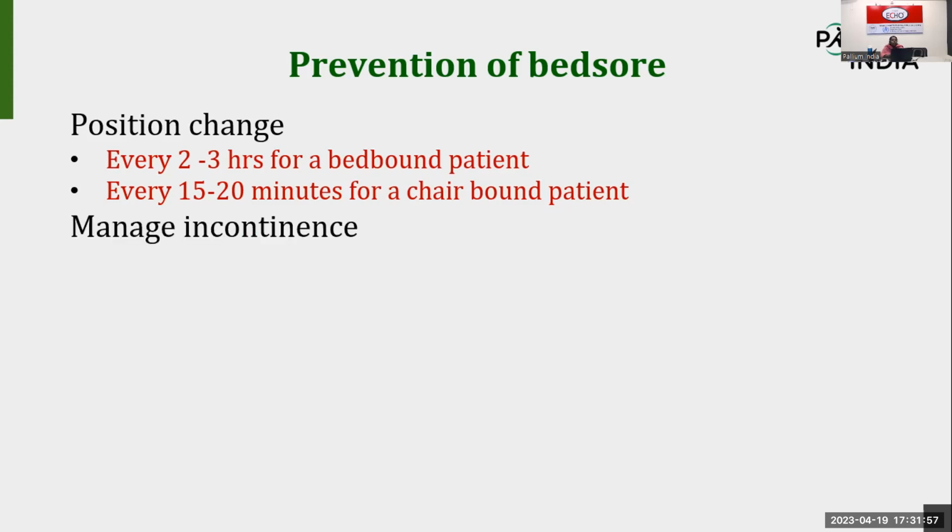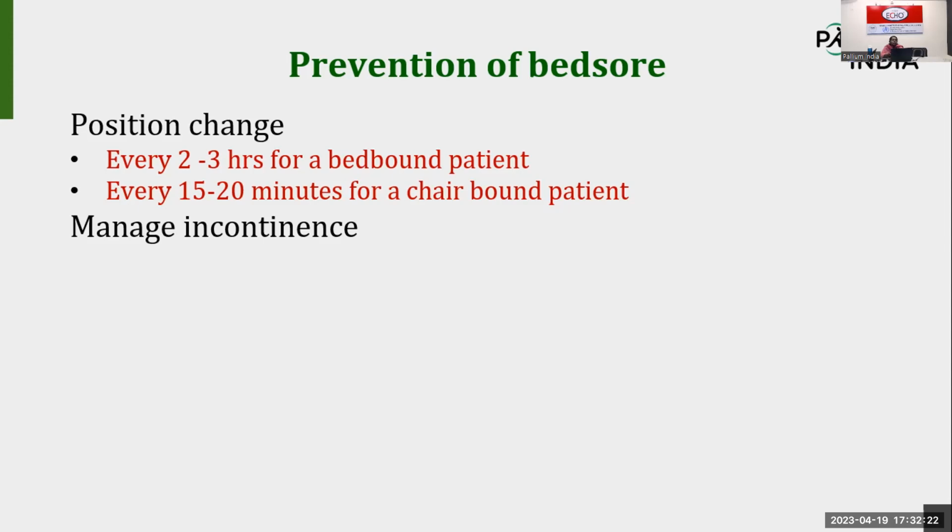And manage incontinence. Here, moisture: if they have continuous moisture there, they can get pressure ulcers. If the patient has urinary incontinence, you can think about catheterization, or if the patient is not willing to have a catheter, then you can think about diaper application and frequent changing of linen.